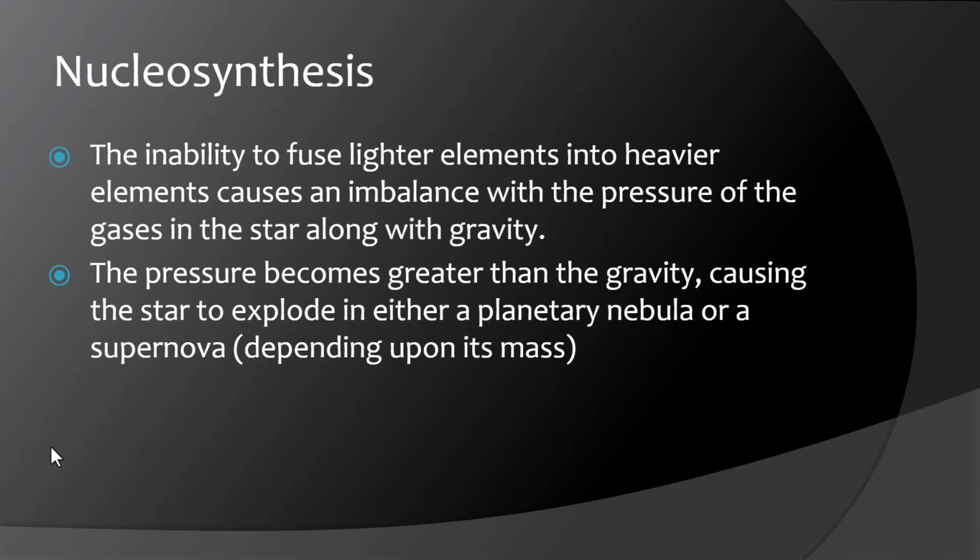That's what causes the red giant phase, or the red supergiant phase. The gravity decreases, causing the star to eventually reach a point at which the gravity can't hold it together anymore, and it will either form into a planetary nebula by ejecting its outer atmosphere, or it will supernova, where it actually collapses in on itself and explodes. But this all depends upon its mass.